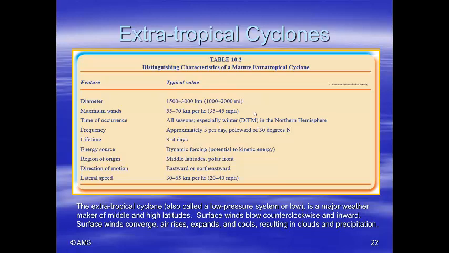They're mostly in the middle latitudes and polar front. Their direction of motion is eastward or northeastward, and their lateral speeds can be 35 to 65 kilometers per hour or 20 to 40 miles per hour.